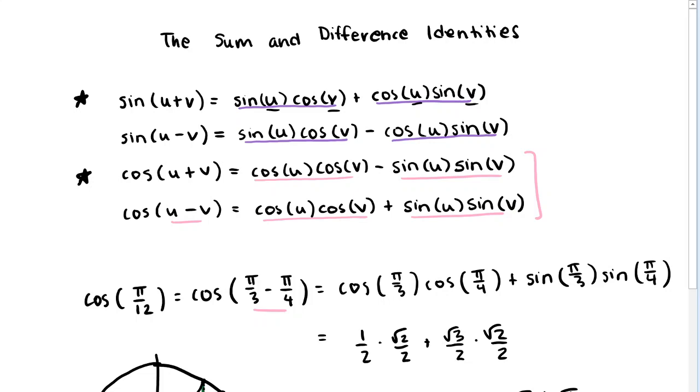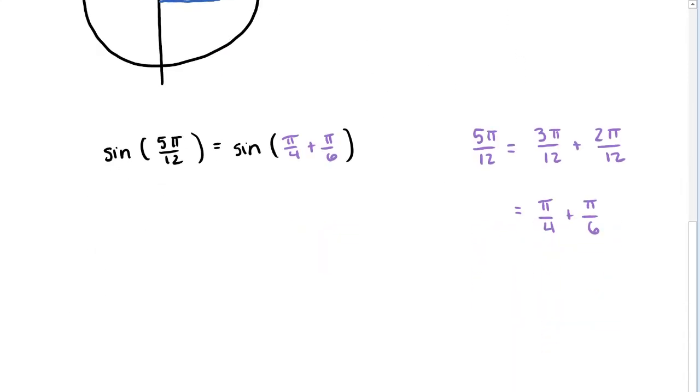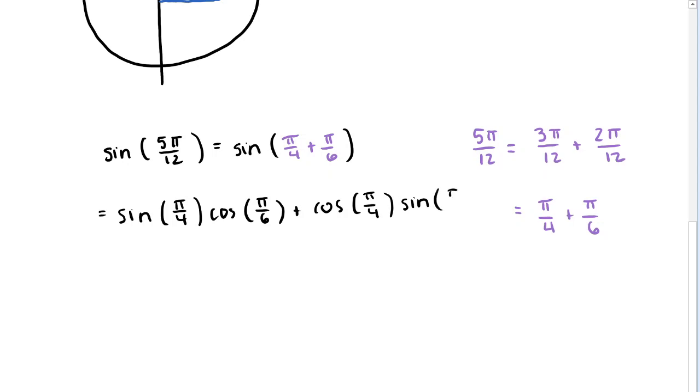So we're going to evaluate sine of pi over 4 times cosine of pi over 6, plus cosine of pi over 4 times sine of pi over 6.